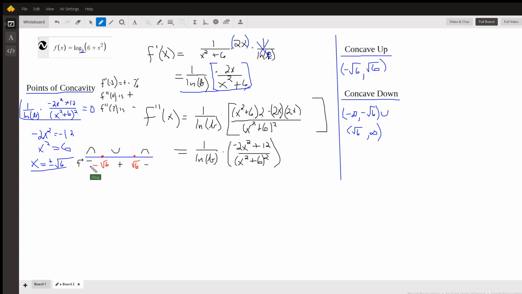And then you apply the concavity test. So what's the sign of the second derivative to the left of the negative square root of 6? Plug in a number like negative 3. And you can see that this factor right here is always positive.